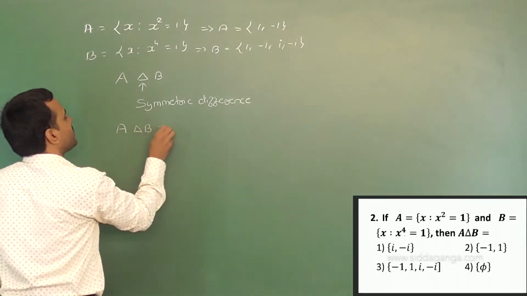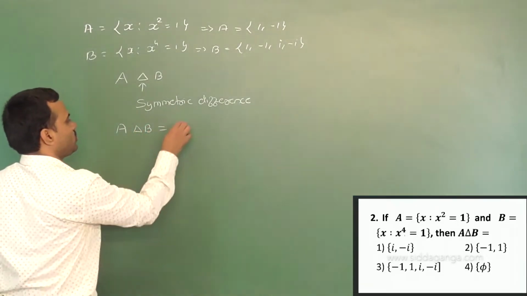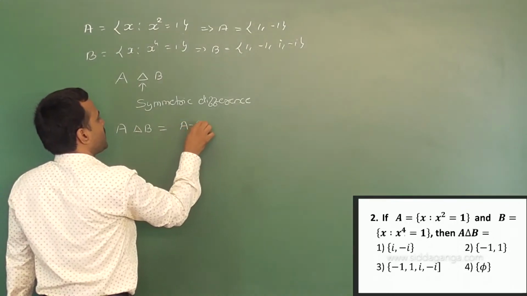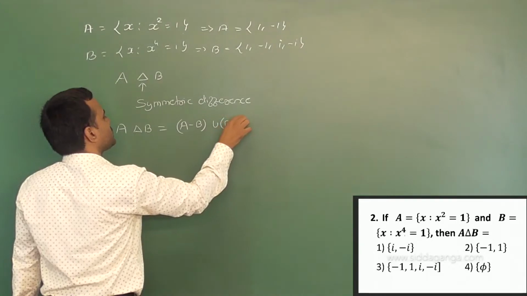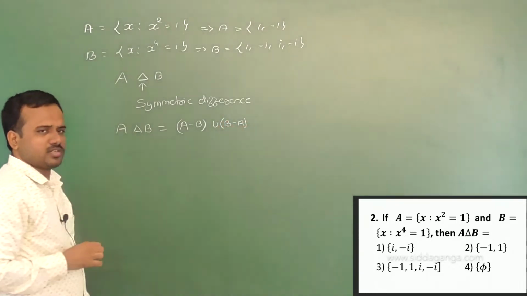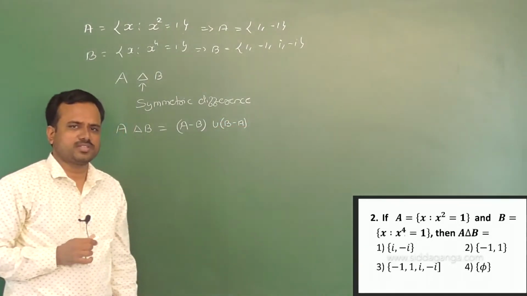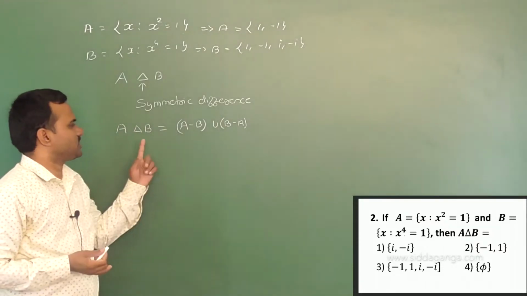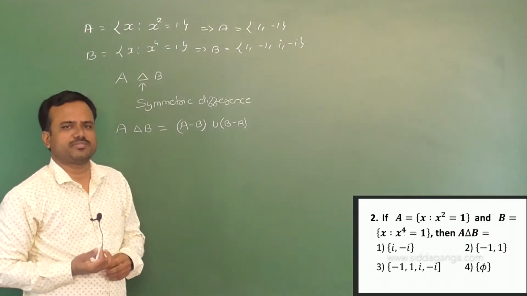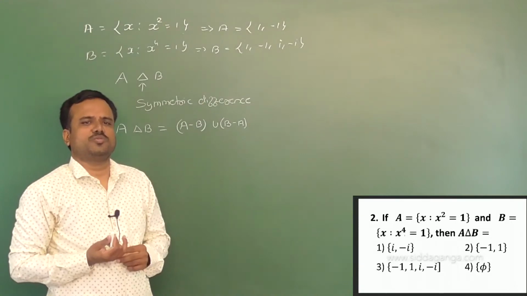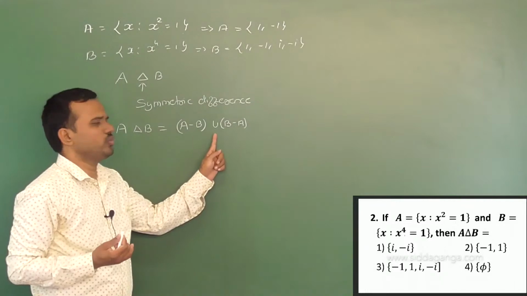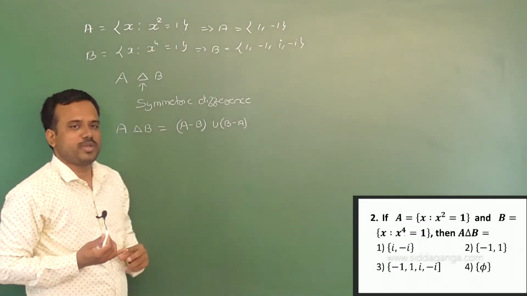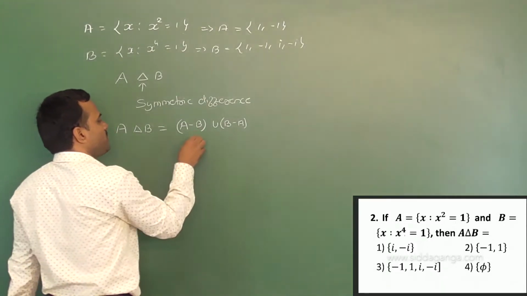And the definition is simple. A symmetric difference B is equal to A minus B union B minus A. You know A minus B. I write the set.